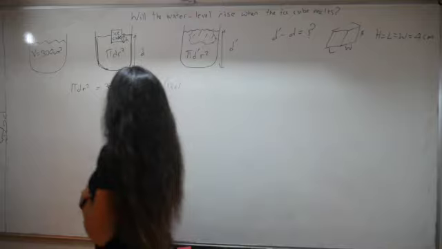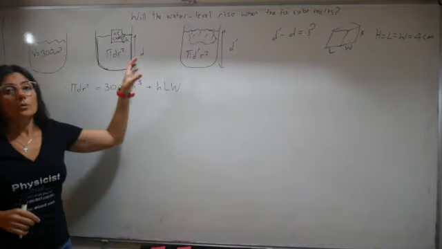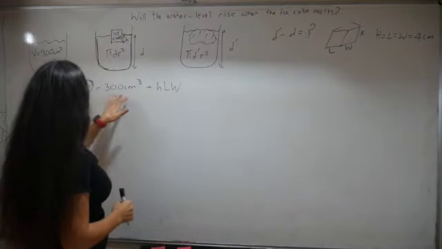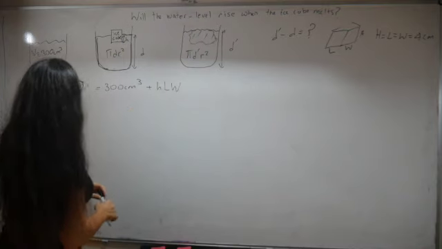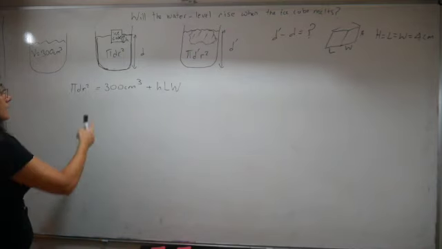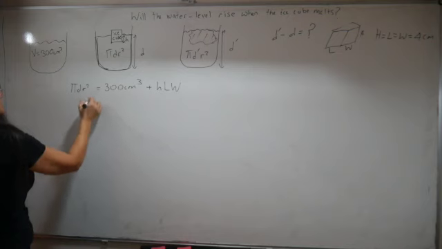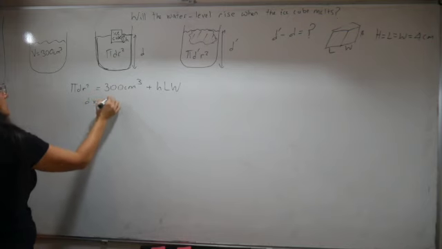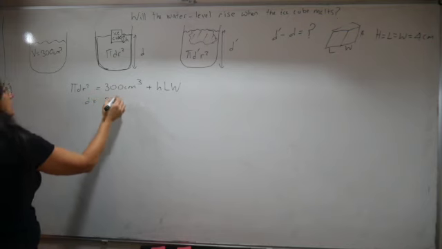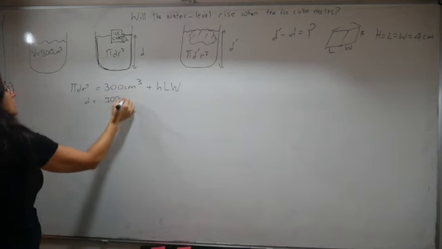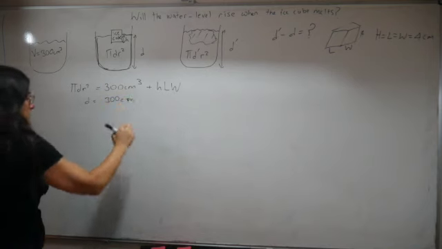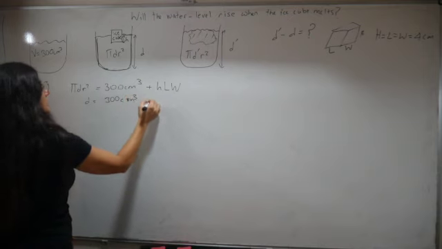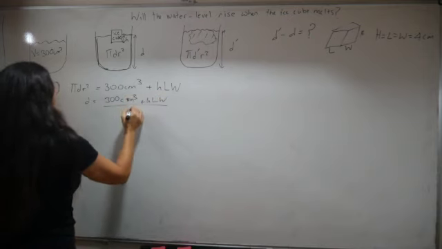Okay, so that H we don't know. So you have 300 centimeter cube plus HLW. And so just to find D, I need to divide everything by pi r squared.